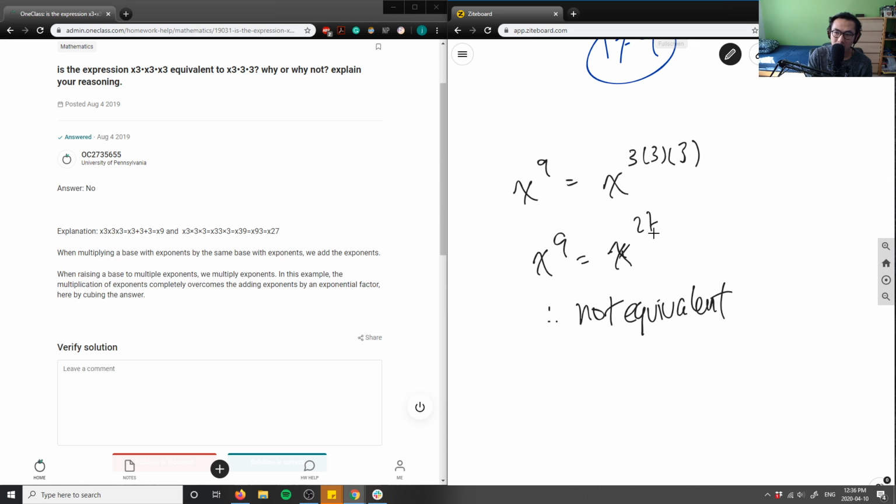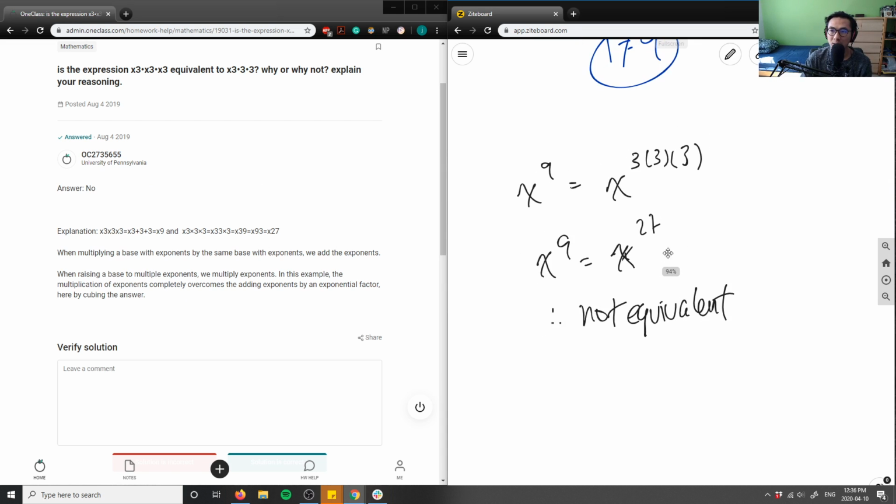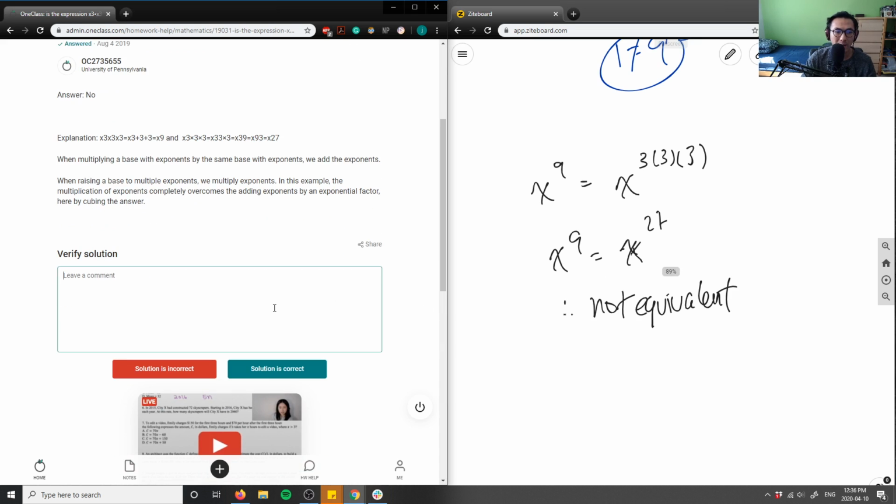So I think that's what probably the student thought. So I'm going to say that this solution is correct, but the formatting of the question is terrible. So I'm going to say good solution. And then I'm going to say however, misleading question due to formatting.